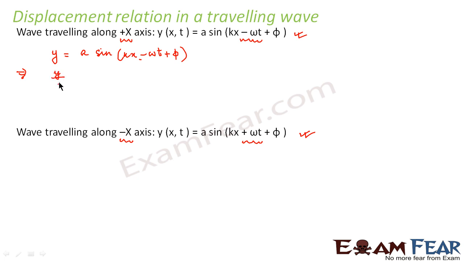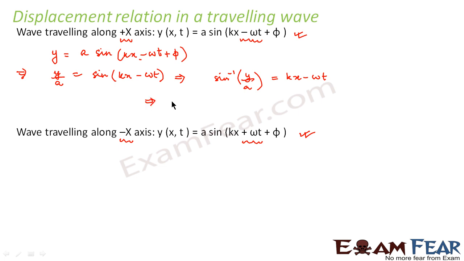So this becomes y by a is equal to sine kx minus omega t. Or we can write it as sine inverse y by a is equal to kx minus omega t.